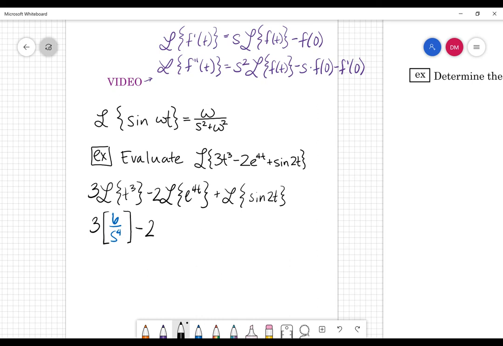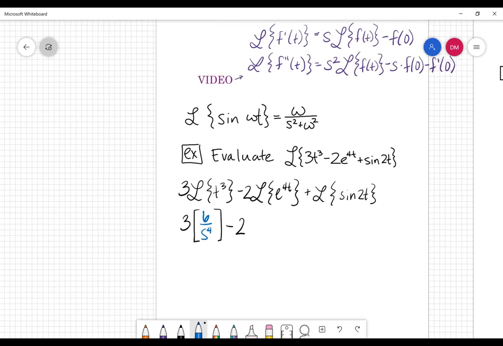Minus 2 times the Laplace of e to the 4t. Let me bring that back real quick over to the side here. We said that to take the Laplace of e to the alpha t, yesterday we derived this one, and that Laplace transform is equal to 1 over s minus alpha.